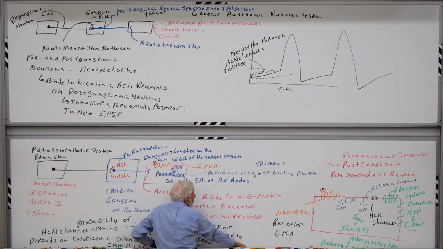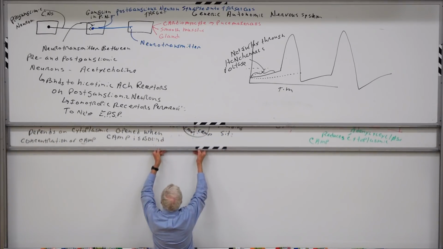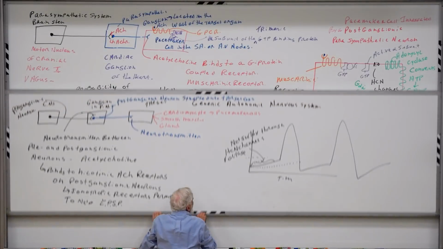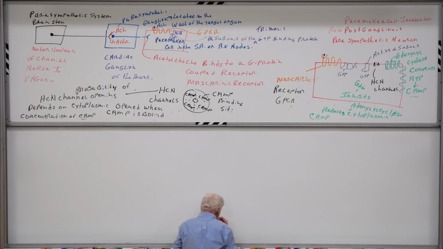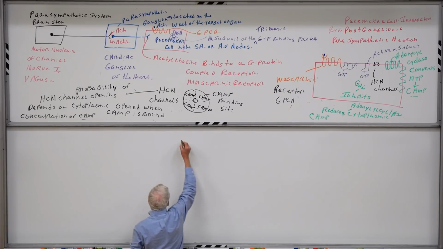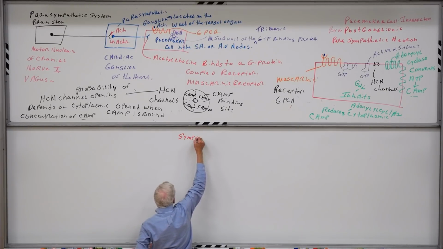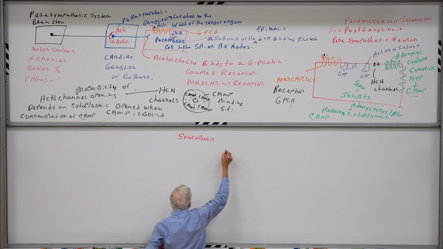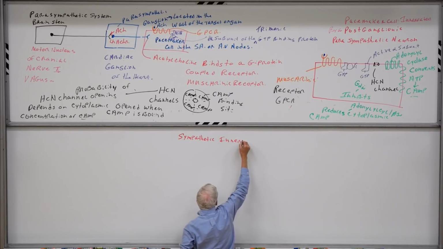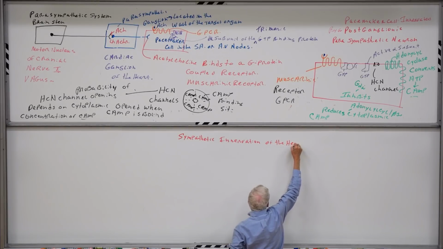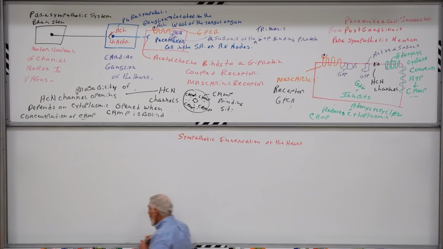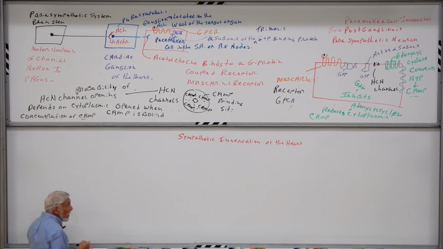Now, on the backboard, let me deep six this one. And describe the sympathetic innervation of the heart. And again, we're going to do this as a three-box model, and then we can talk about the anatomy more specifically.